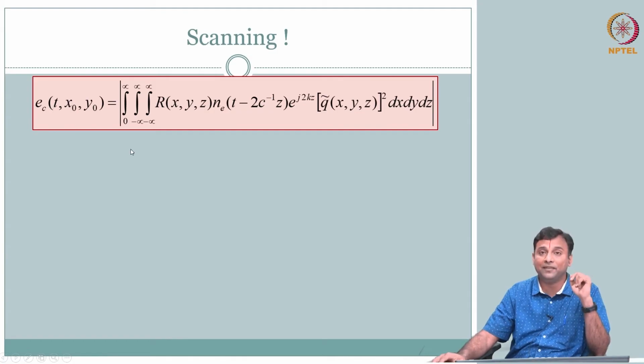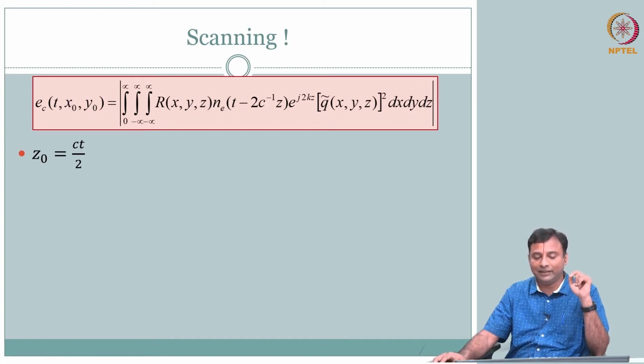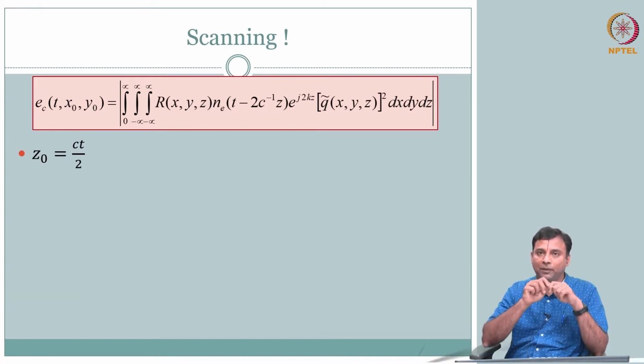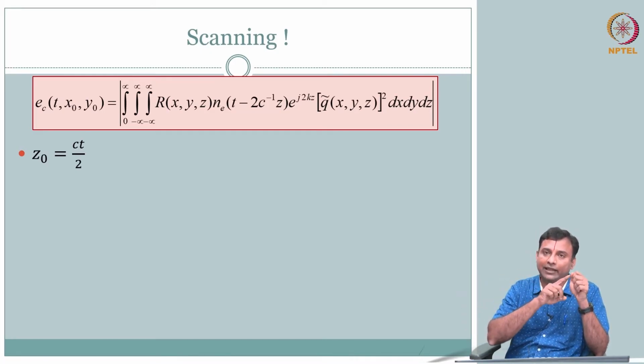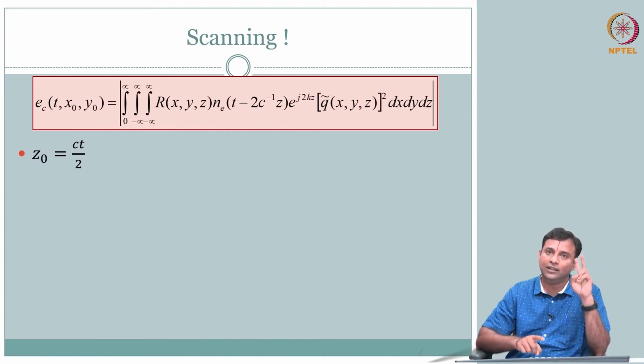I know the speed, right? So you can write your z naught as c t by 2, because I have travelled 2 times the distance in the captured time interval with a velocity c. So this is your velocity, this is your time. Velocity times time gives distance, but this distance is 2 times because the pulse is going and the echo is coming. You are recording only the echo. So it has taken the pulse to travel one distance and the echo to travel the same distance. So it is a factor of 2.